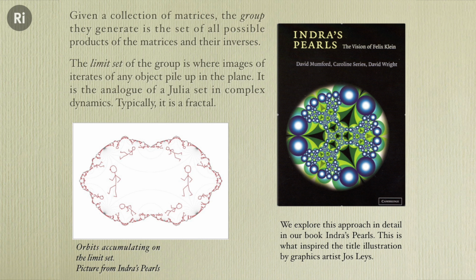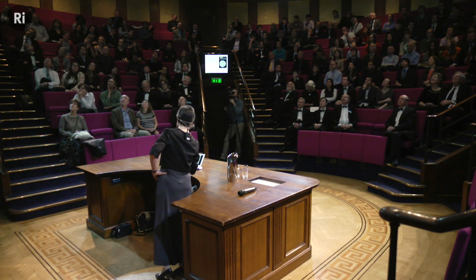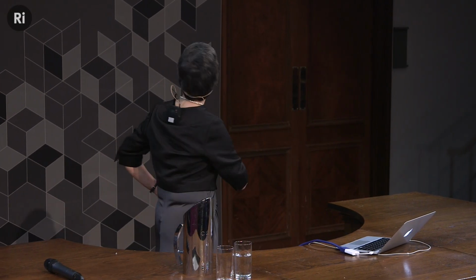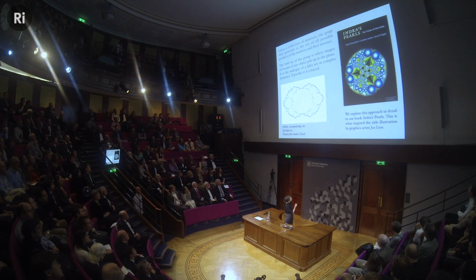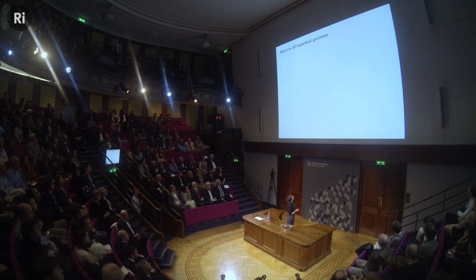David Mumford is a very brilliant mathematician. David Wright was originally a student at Harvard. He's also a number theorist, but he's extremely good at computing. We wrote a book explaining how you make pictures like this, and a number of people have taken that up. In particular, Jos Leys used some of our recipes, and that's how he created some of his pictures.